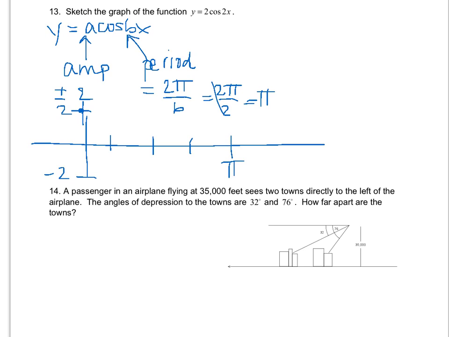Cosines always start at the top, then they go down to 0 in the first quadrant, down to negative 2, back up to 0, and then back up to 2. And remember this is continuous. So I've just sketched one cycle of a cosine wave through pi radians.